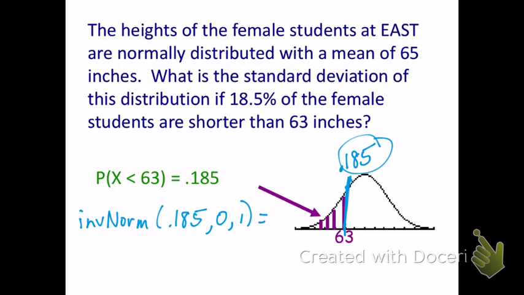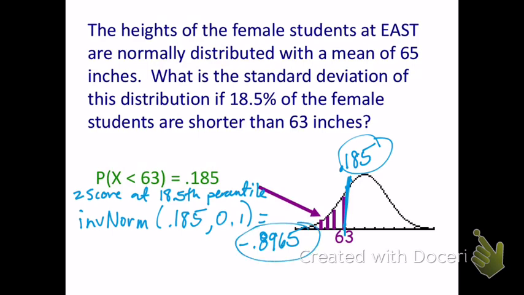What this is doing right here is giving me the z-score at the 18.5th percentile. And I know it's giving me a z-score because I'm using 0 and 1. So somebody type that in and tell me what you get. Negative 0.8965. And if you look at your table, if you go to negative 0.89, you should see that you get about 0.185 as your area.